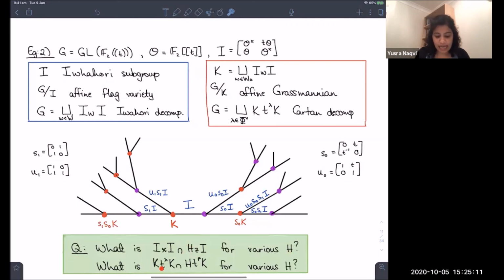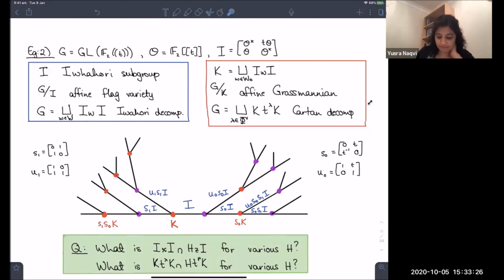So I can ask the same question within the affine flag variety and the affine Grassmannian. I can also ask this for partial affine flag varieties, and in fact, what we'll do later will answer both of these things. But this is the kind of thing that the connection between these two is going to try to answer, and we are going to try to use the geometry of buildings to think about.